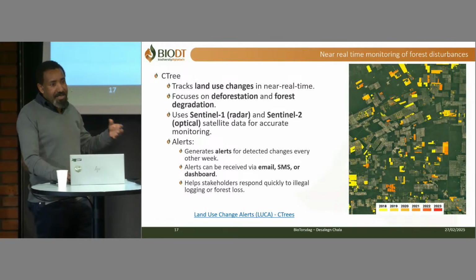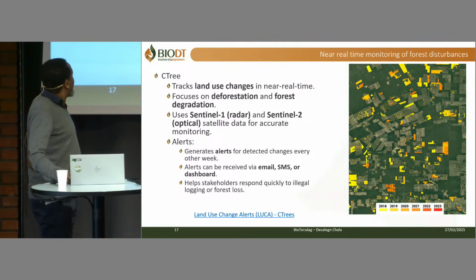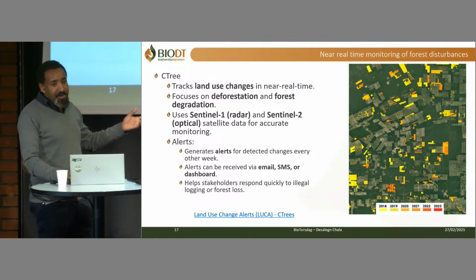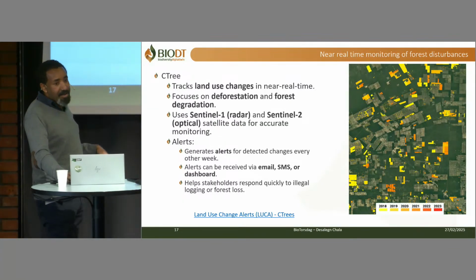That means they are producing an alert every other week for any surface on the Earth. And they have a dashboard, and from that dashboard, one can subscribe so that one can get alerts via email, SMS, and so on.